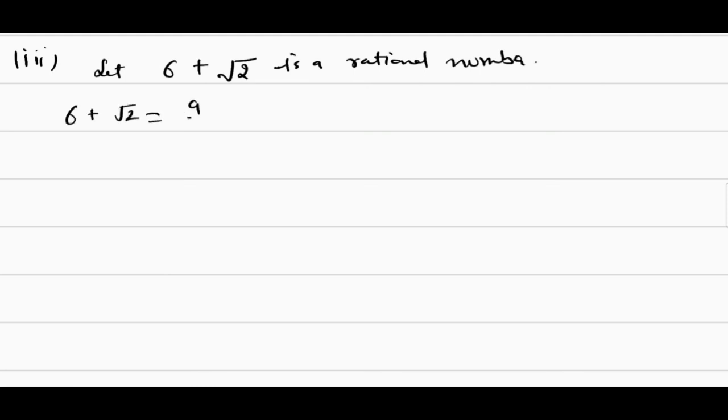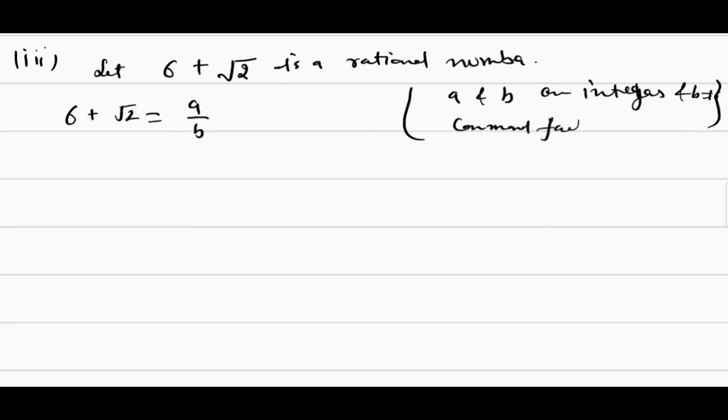So for the third question, similarly we take: let 6 plus square root of 2 be a rational number. Correct? So we can write this number in a upon b form, where a and b are integers and b is not equal to 0, and the common factor between a and b is 1.